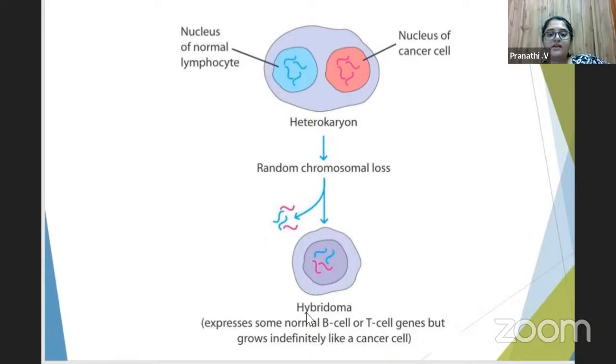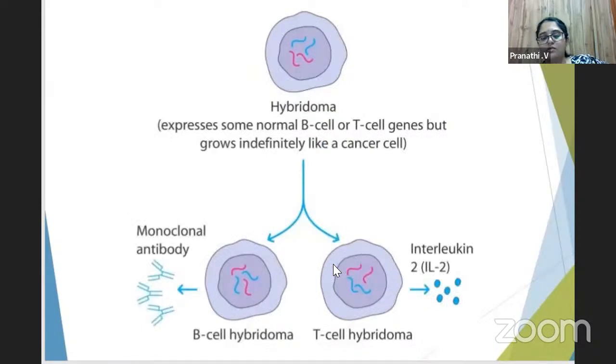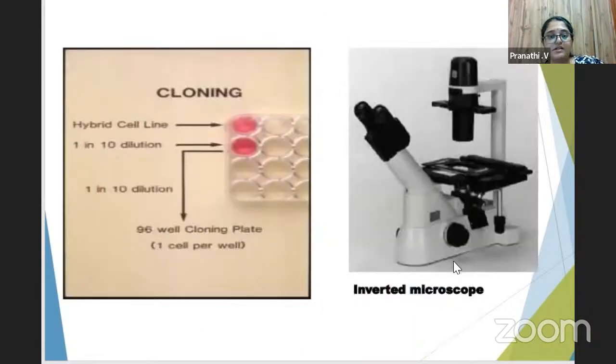Whereas in hybridoma, you have the normal T cell or B cell genes, which will grow like cancer. After this expression, you're going to see whether any of the antibodies are going to work. Your B cell hybridoma will produce a monoclonal antibody, whereas a T cell hybridoma will produce interleukins.